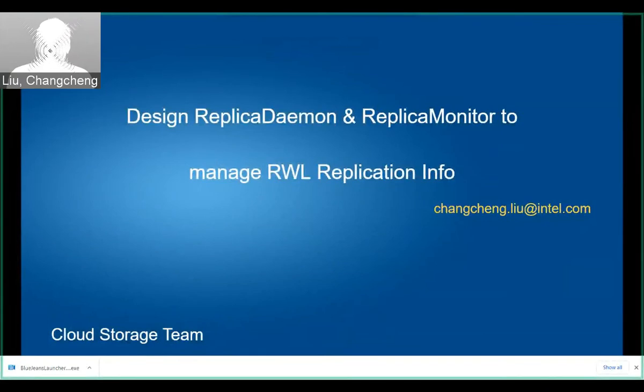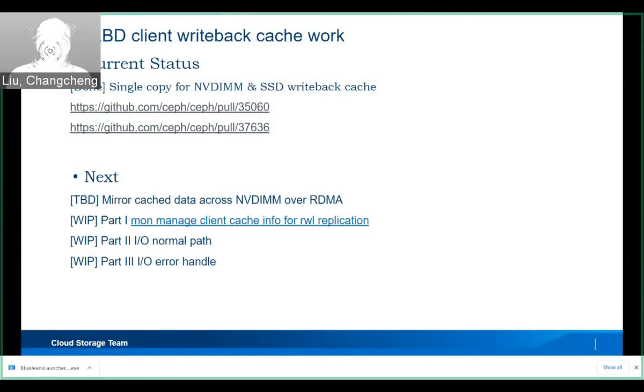For the RWL work, previously we have finished the design of the single copy for the NVDIMM and SSD write back cache, and these features have been merged. For the next step, we are going to replicate the data across the NVDIMM over the RDMA protocol.